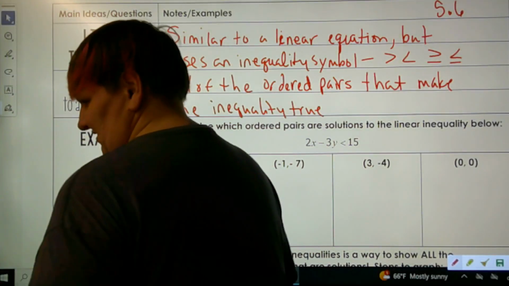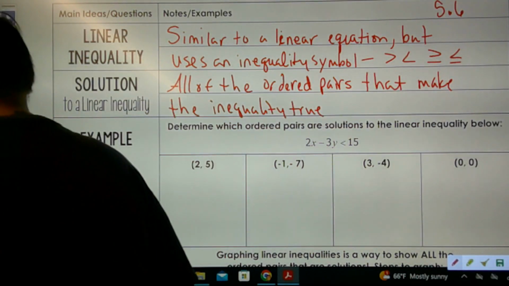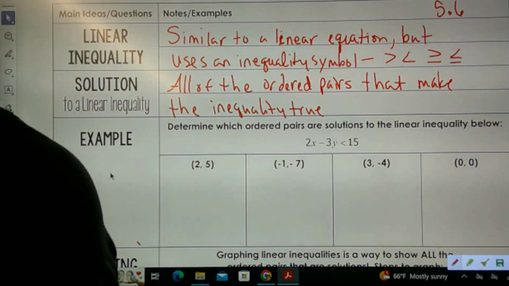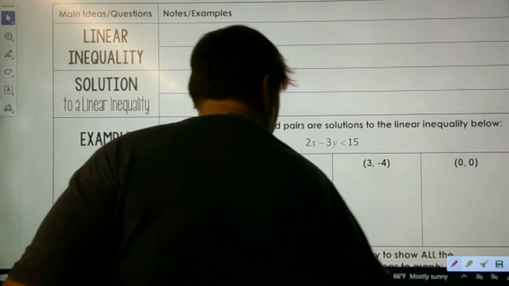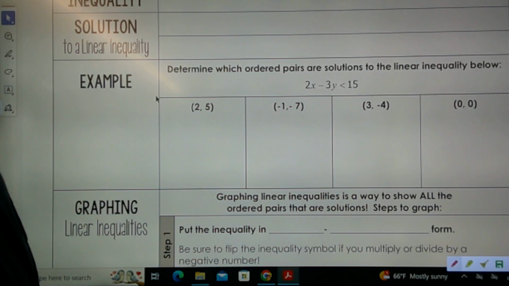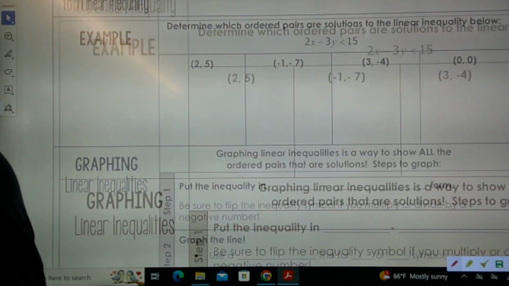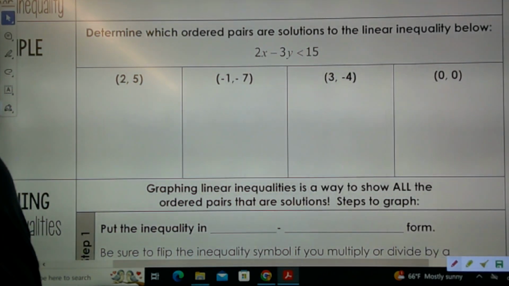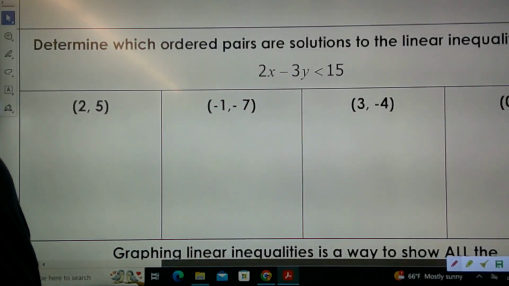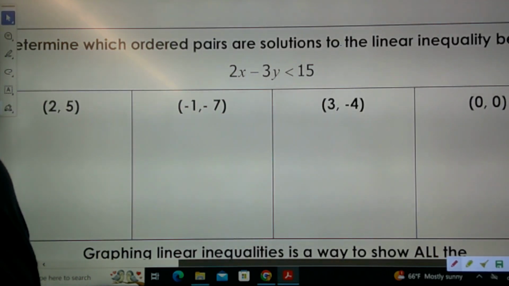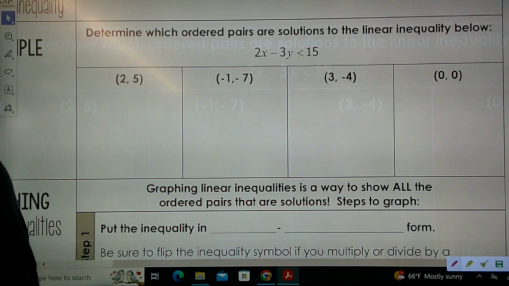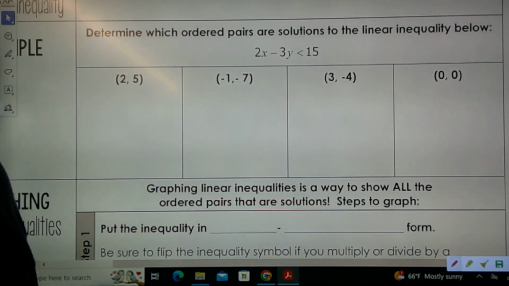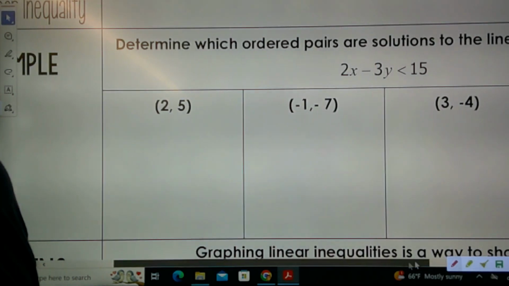All right. So, they're going to give you an example. It says, determine which ordered pairs are solutions to the linear inequality below.